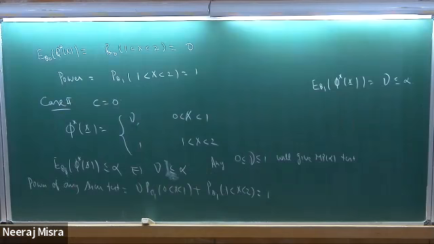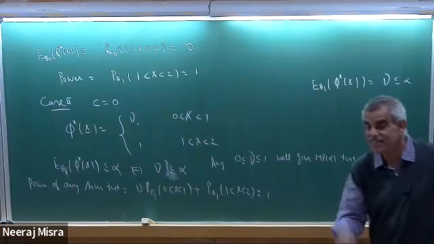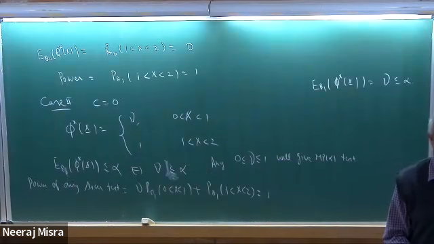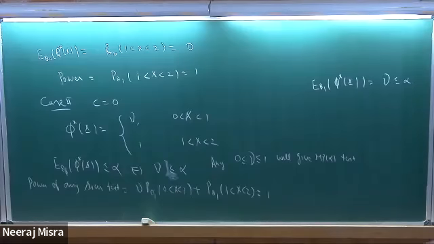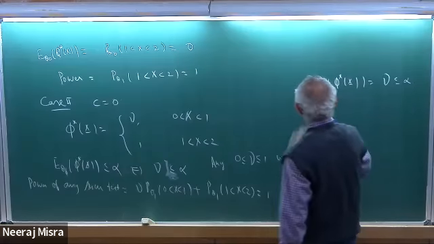So essentially speaking, you can choose gamma such that it is strictly less than alpha. So you have an MP alpha test for which E theta 1 phi star(x) can be strictly less than alpha. The purpose of considering this example was exactly that. Yeah, sorry, it should be theta naught. You're right.